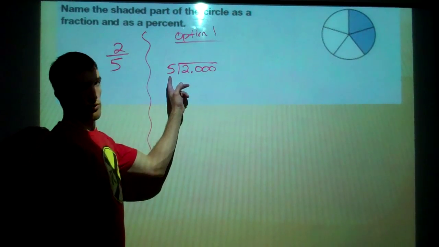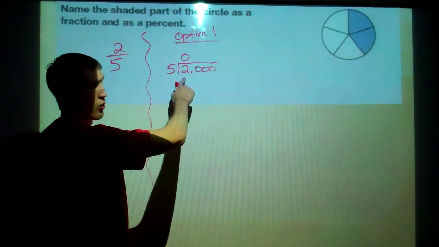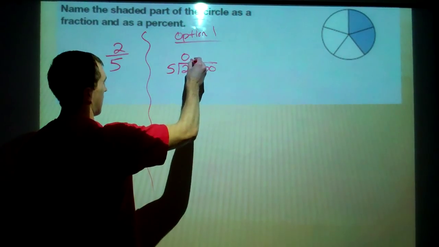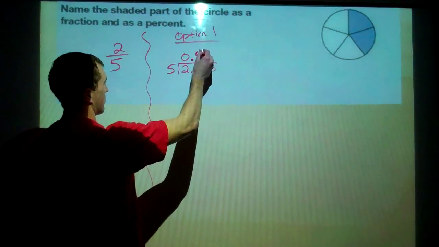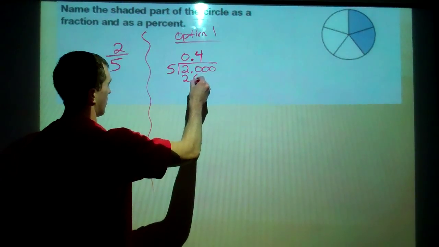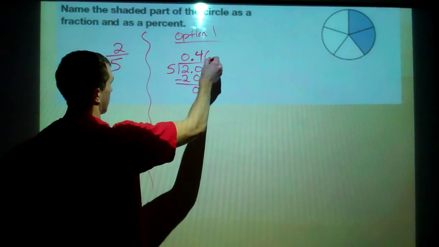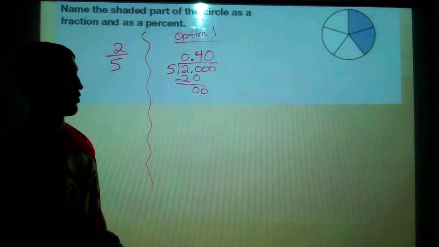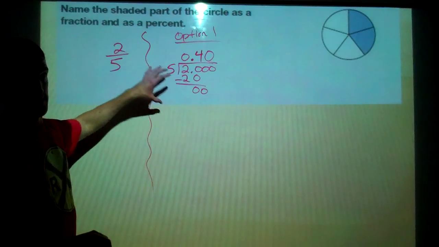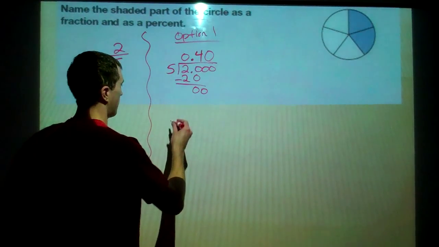I know that 5 will not go into 2, but 5 can go into 20. Make sure we bring our decimal up. 5 can go into 20 4 times. 4 times 5, do our subtraction, we get 0. So 0.4, that's our decimal. 0.4 is the same thing as 2/5 as a decimal. But we're talking percent, so we have to multiply that by 100.